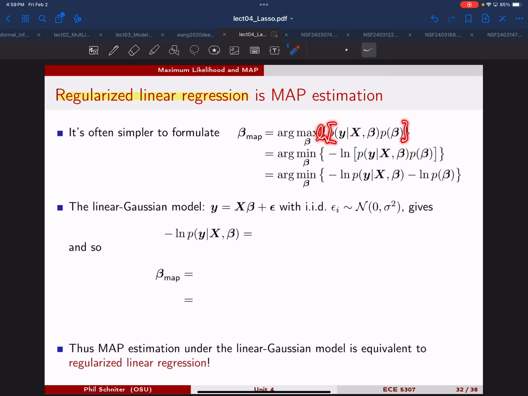We can even sneak in a negative log if we change the max to a min. So that's what we've done here: snuck in a negative log, changing max to min. And now we can use the fact that the log of A times B is the log of A plus the log of B. So we get this separation. Here we have our negative log likelihood. Here we have this new term, the negative log prior.